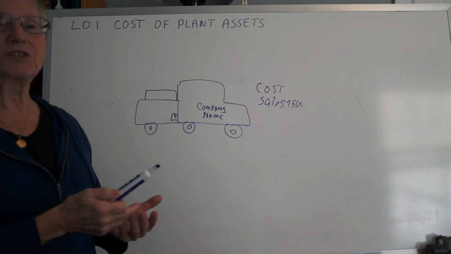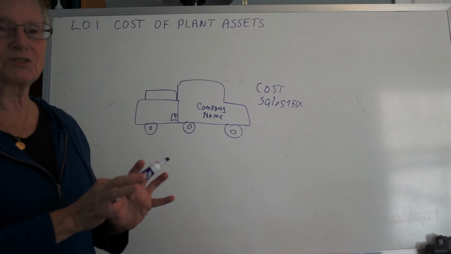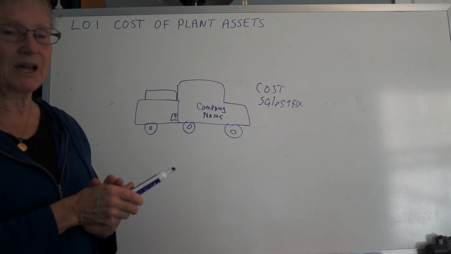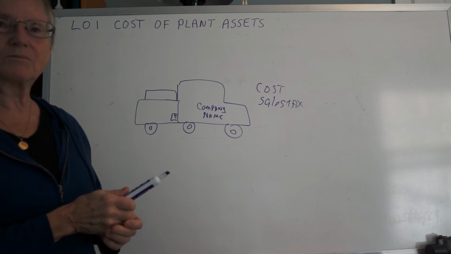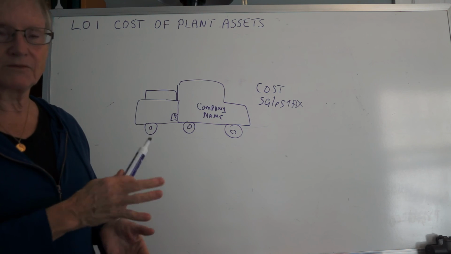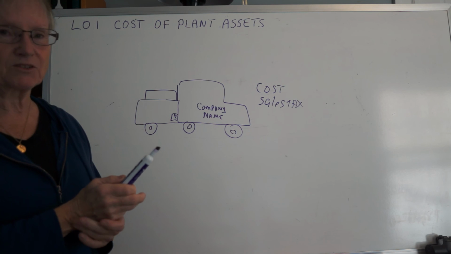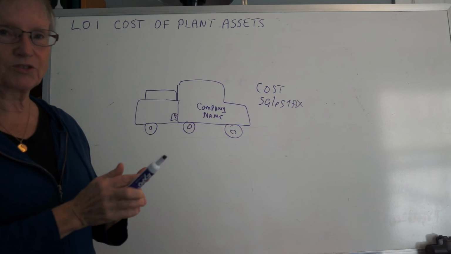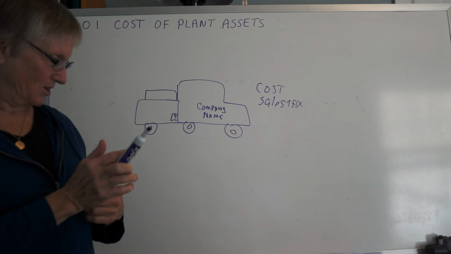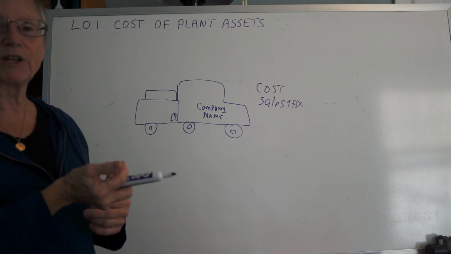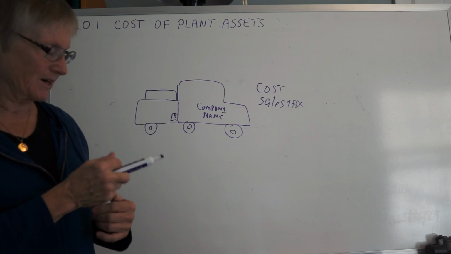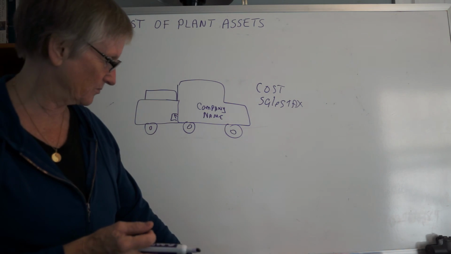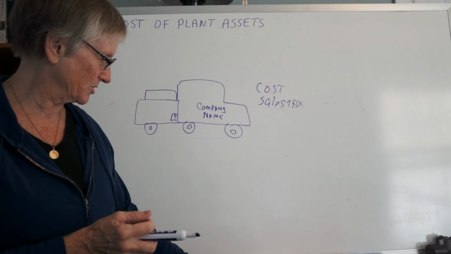All of that cost to get it ready for its intended use is capitalized as the asset machine. Once you get it up and running, then the costs are expensed. Things like oil changes, routine maintenance, and annual excise taxes are always expensed, as opposed to the initial cost of the machine.